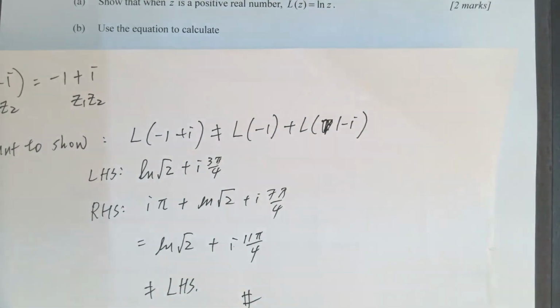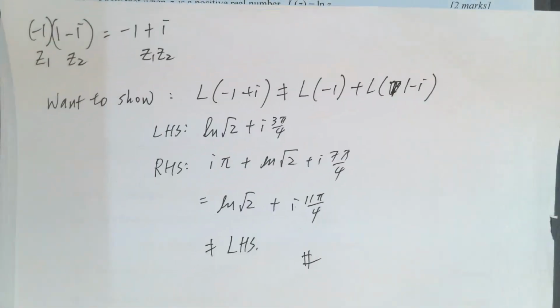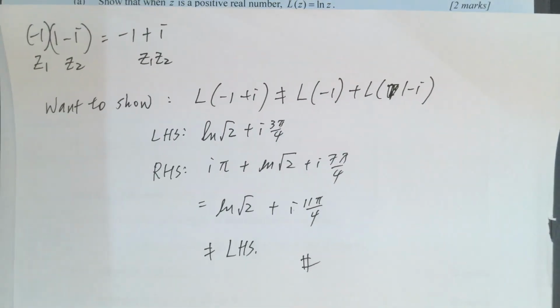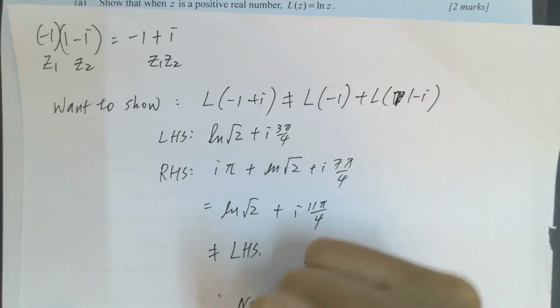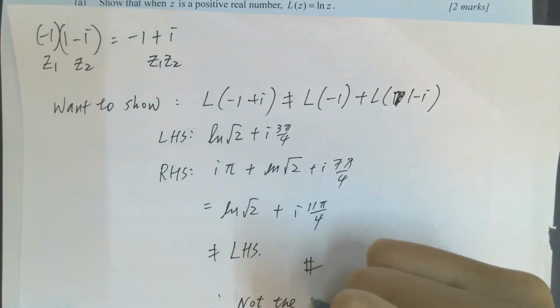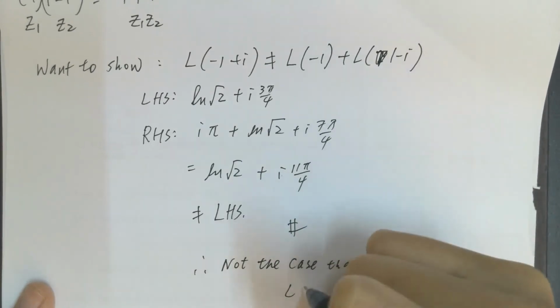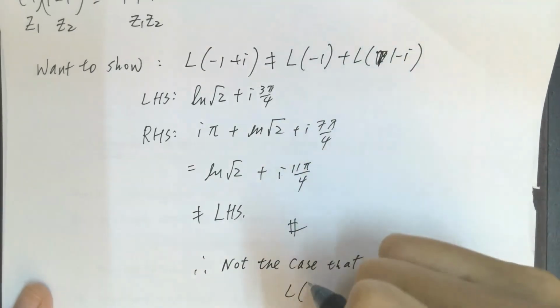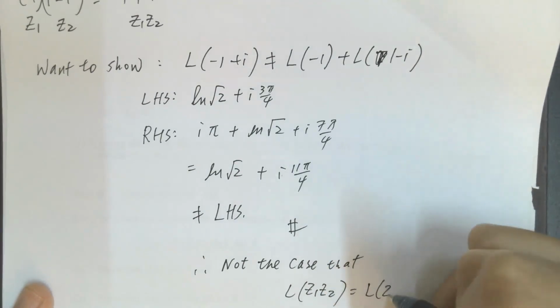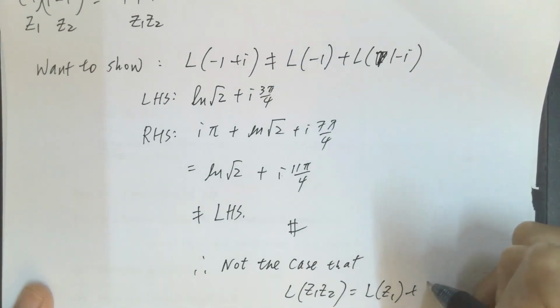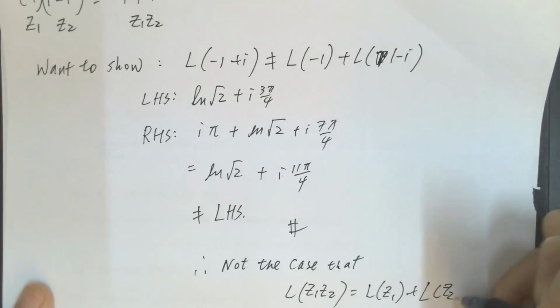That's it. So we've shown a counterexample of that statement, and therefore it's not the case that L of Z1 Z2 equals L of Z1 plus L of Z2. Okay.